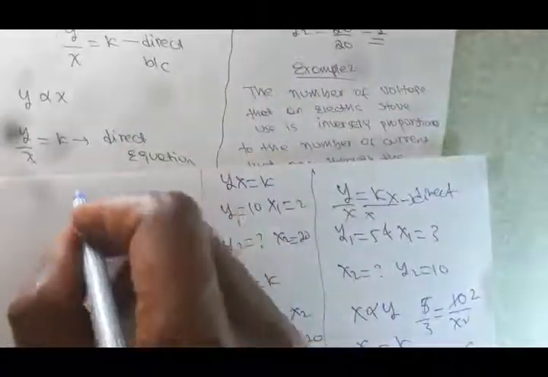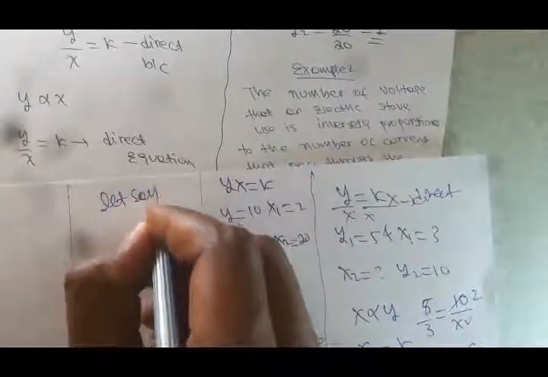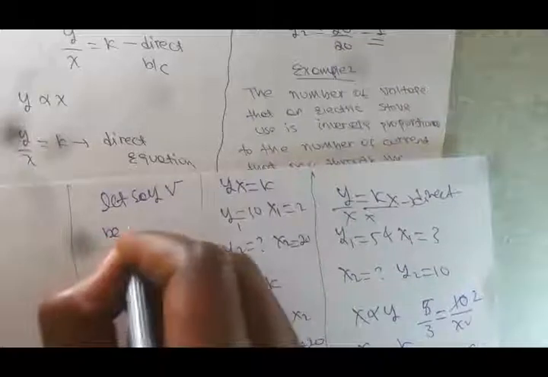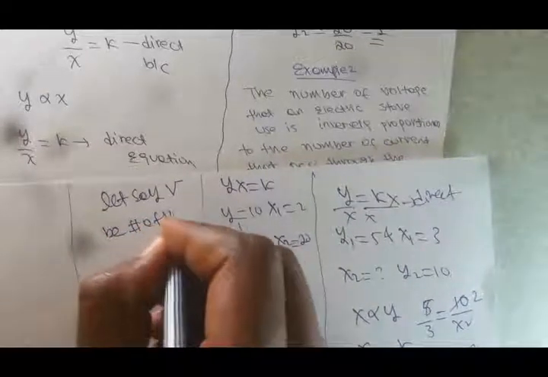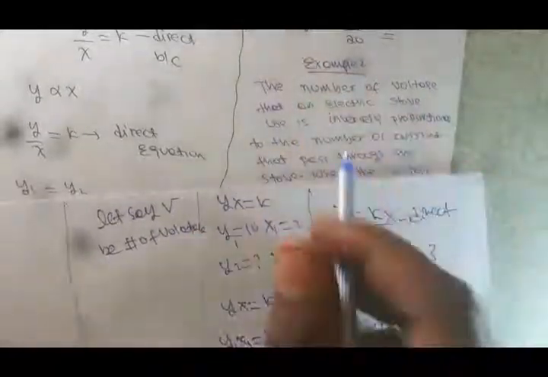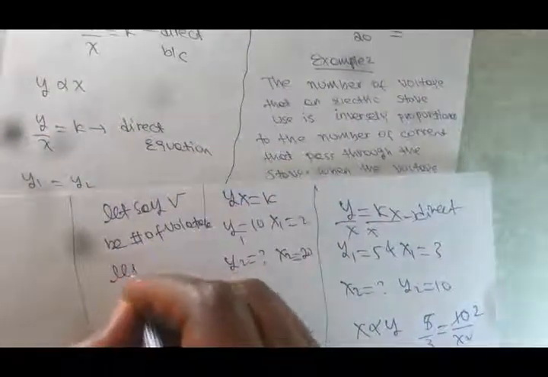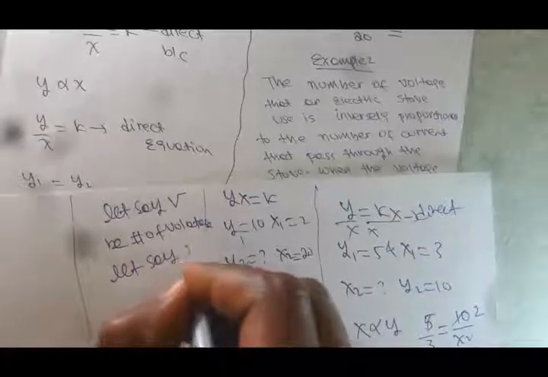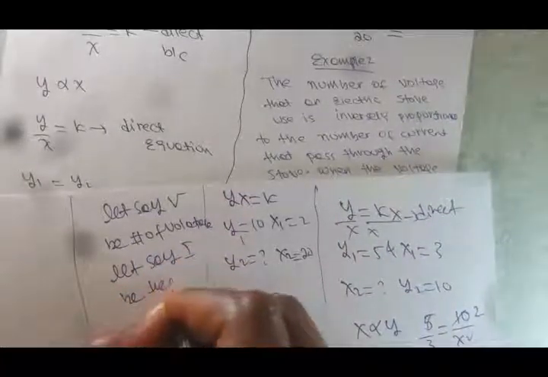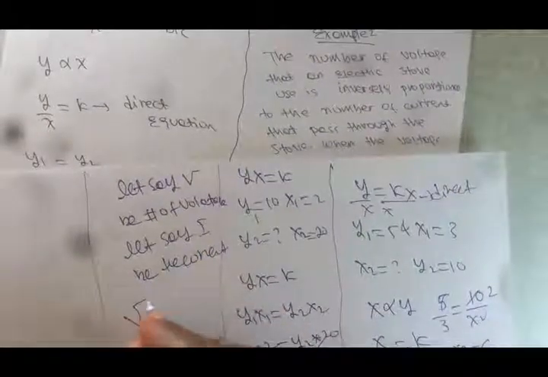And the next example states that, let's say V is the voltage that passes through the stove and is inversely proportional to the current, and let's say I is the current that passes through the stove. Therefore V is inversely proportional.